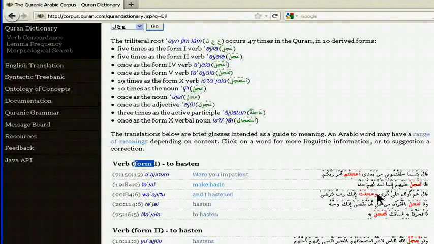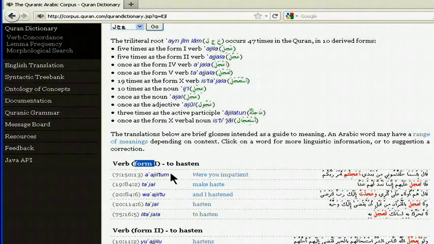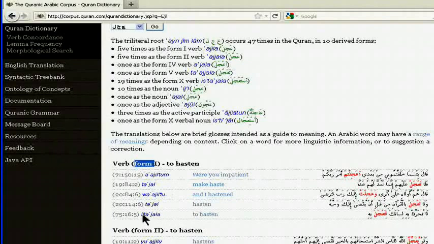In this case, I think most of them are present tense. So anyway, what I would do is maybe just put down a few of the verses, preferably ones you know already, or ones that you're familiar with. So, for example, we have in Surah Al-Qiyamah, لا تحرك به لسانك لتعجل به.